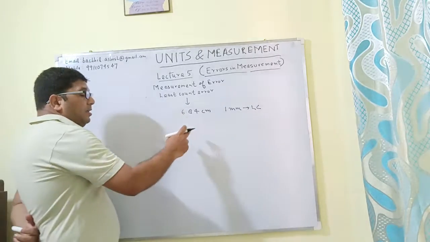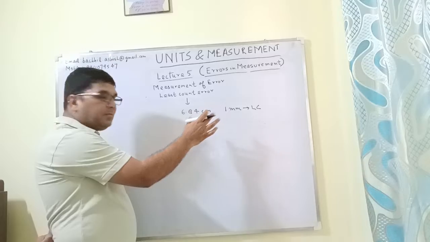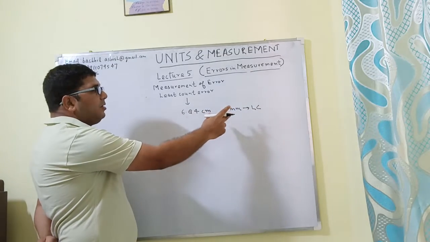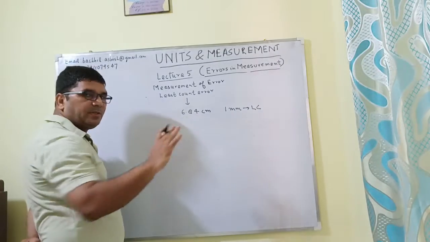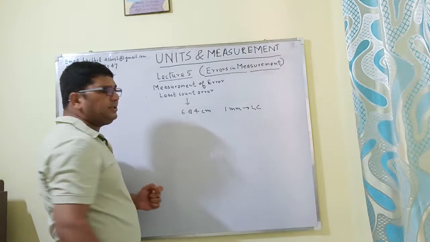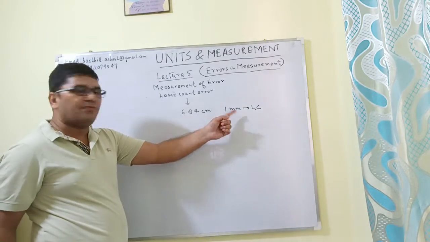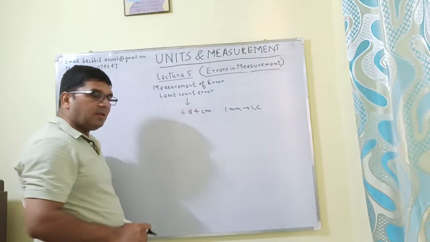Now, my question here is, can we measure the true value of this physical quantity with the help of this measuring instrument or not? So the least count means it is the minimum value which we can measure with the help of that instrument.